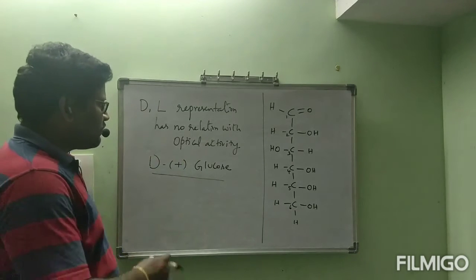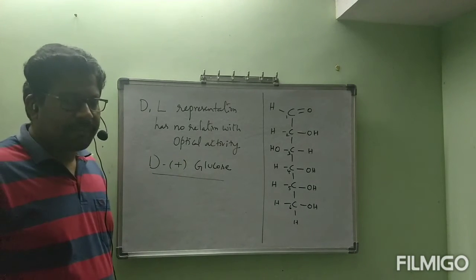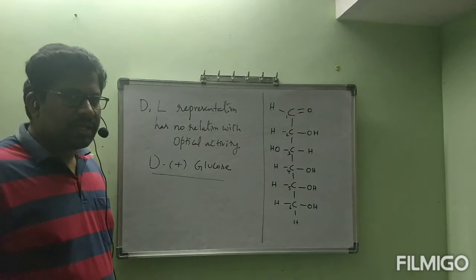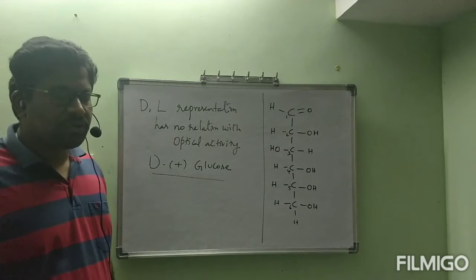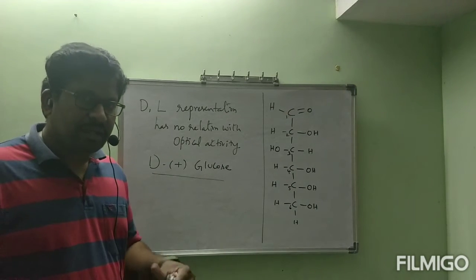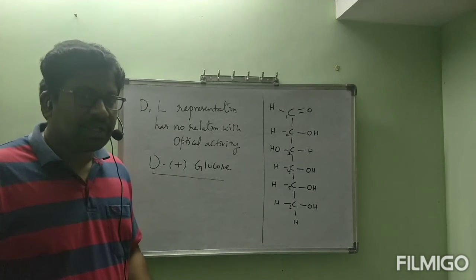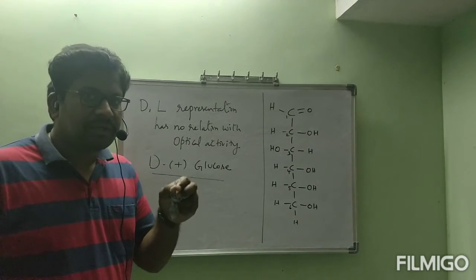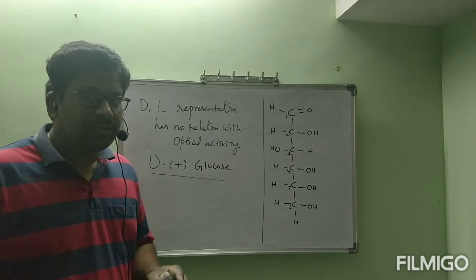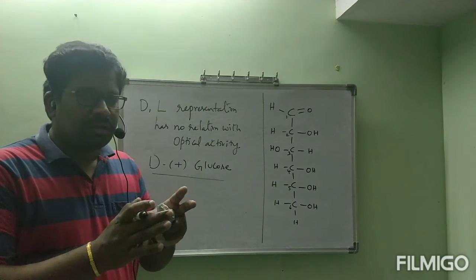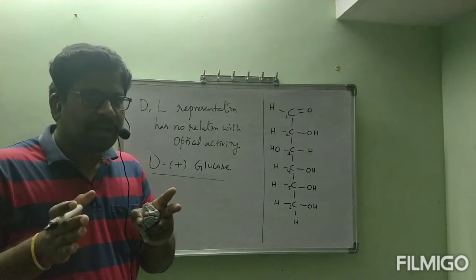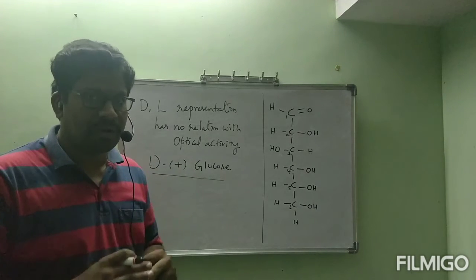Then for what purpose have we represented this capital D? In the olden days, before the discovery of the dextrorotatory and levorotatory representation, that is small d, small l, scientists took one relative compound. Relative means one comparison. The remaining compounds will be compared with that compound.